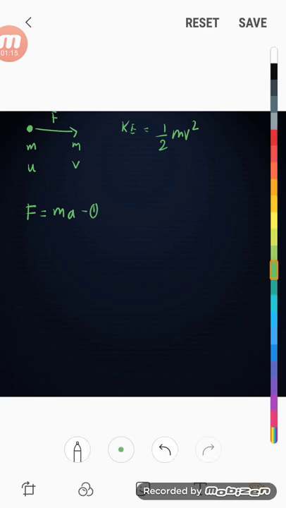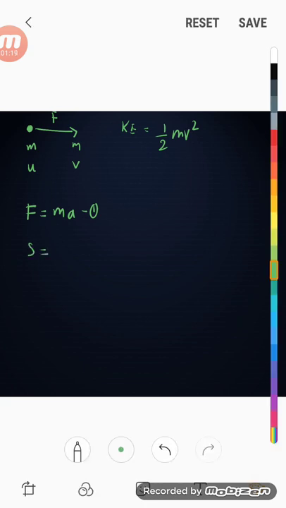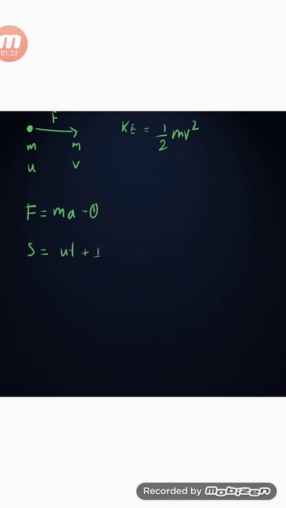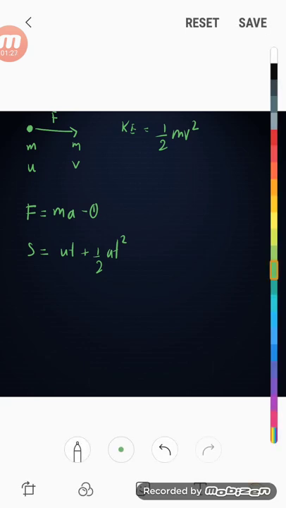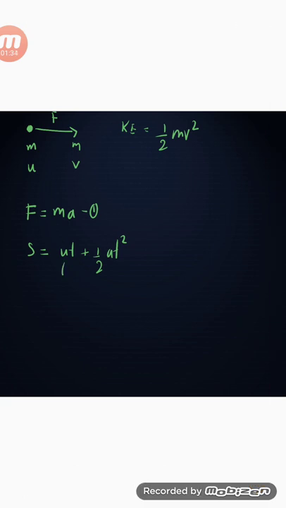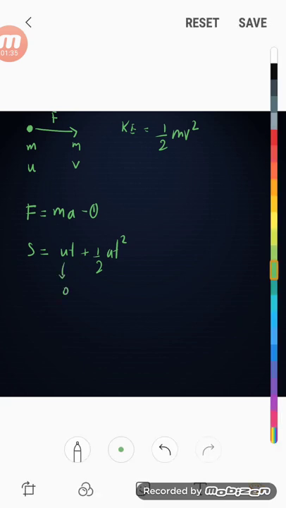Then second, the displacement formula is s equals ut plus half at square. This is one of Newton's kinematical equations, the second kinematical equation, right? You know what u is? u is 0.